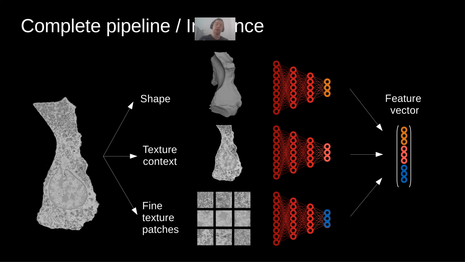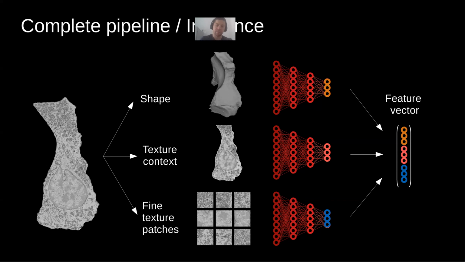And we sample from inside the cell high resolution, fine texture patches. All of these 3 things we processed with different neural networks, to compute feature vectors that we then concatenated into one large feature vector. And this is then our final morpho feature representation.